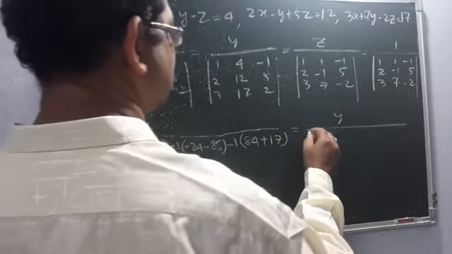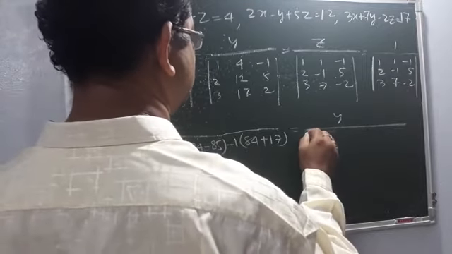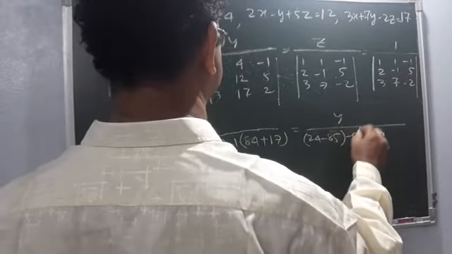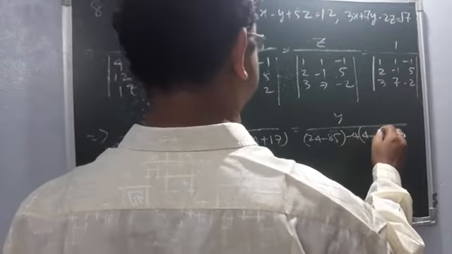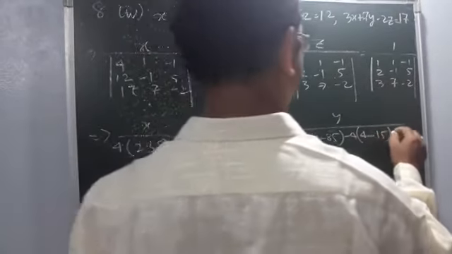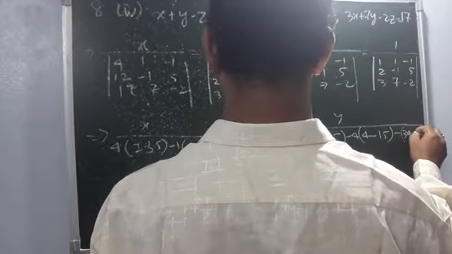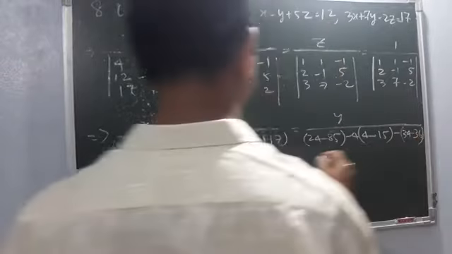How to break this one, we know. It is 24 minus 85, minus 4 inside, 4 minus 15, minus 1, 34 minus 36.